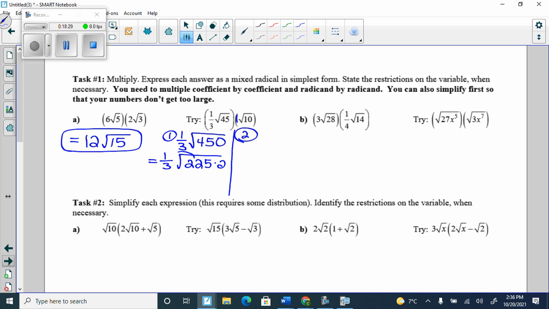The 225 comes out and it's a 15. And what do I do with these two numbers in front? Multiply. What's 15 times 1/3? It's 5 root 2. That's that.